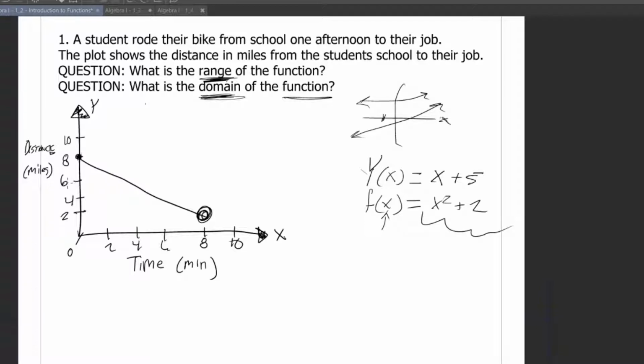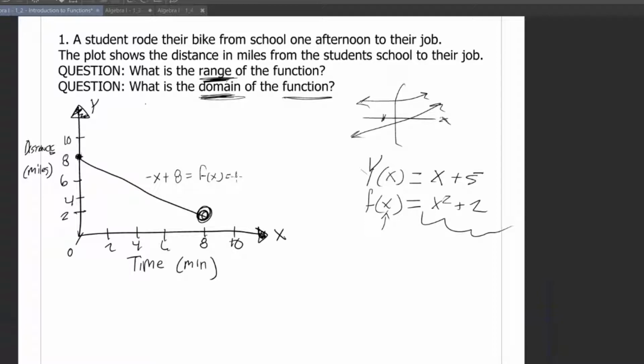Now, the range details the list of y values of this function. So, for this problem, the list of y values are the output of this function. This line, I'm going to make up a function, but it could be equal to negative x plus 8, and that would be equal to f of x.